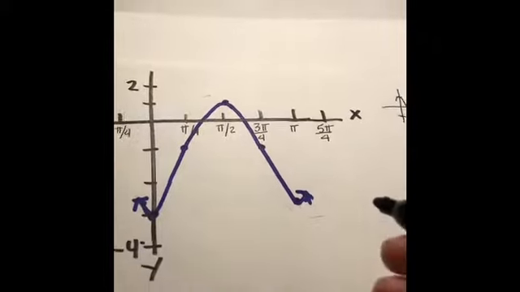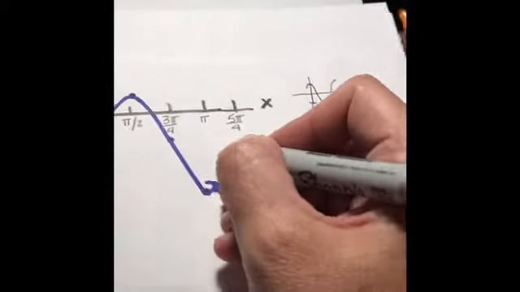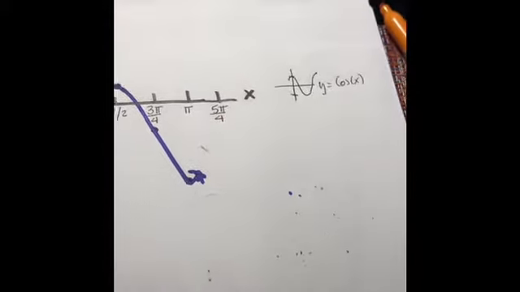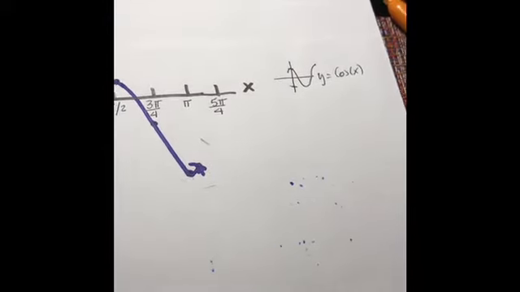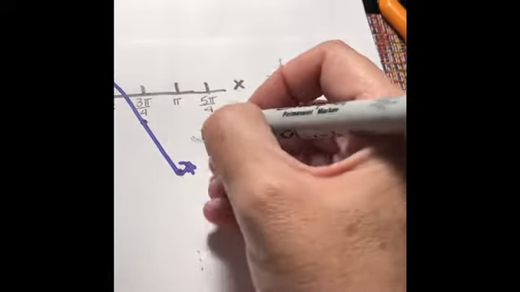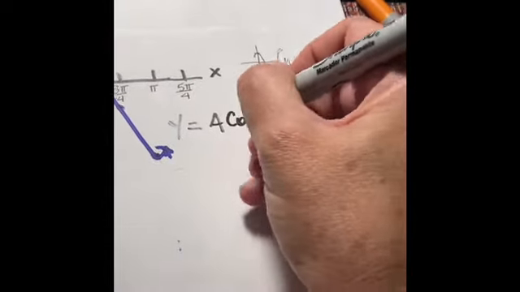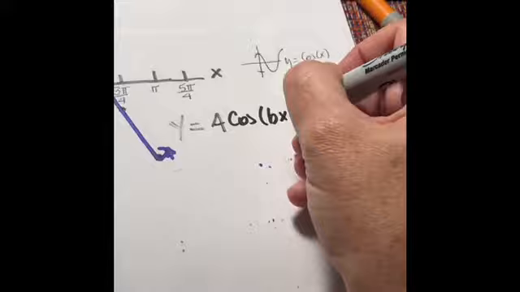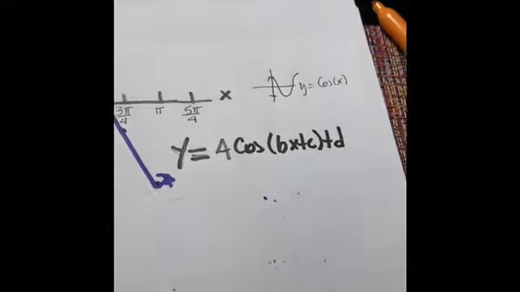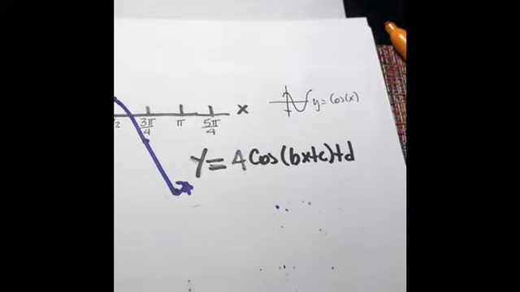So I have determined that it is a cosine function, so my equation is going to be y is equal to something cosine of bx plus c plus d. Okay, so that's the equation that I'm going to be getting.